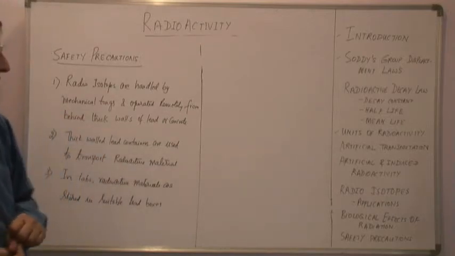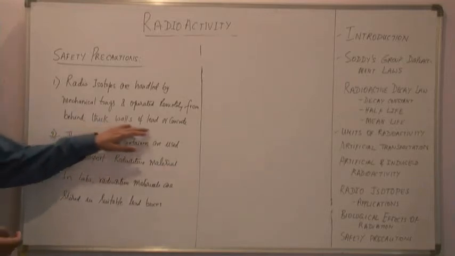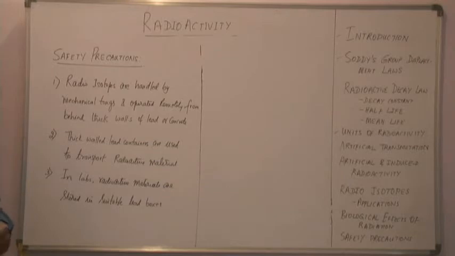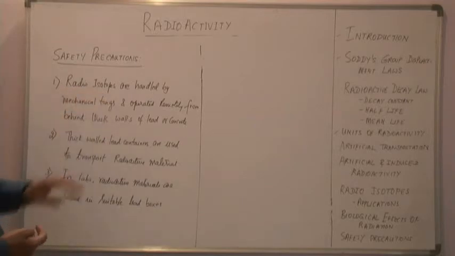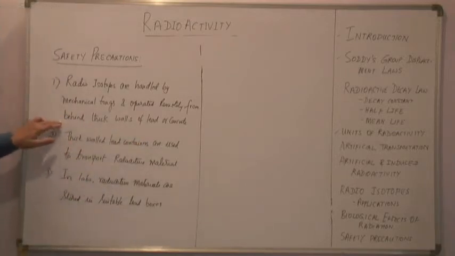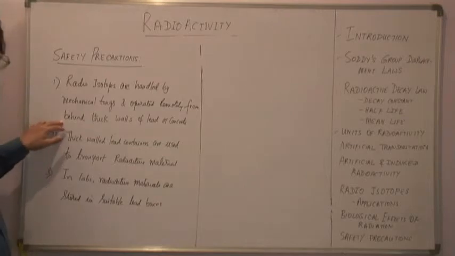So depending on the penetrating power, if we have thick walls of lead or concrete, we can be almost sure that almost all the radiation is stopped before it reaches us. This is one of the ways we can prevent radiation from hitting us.